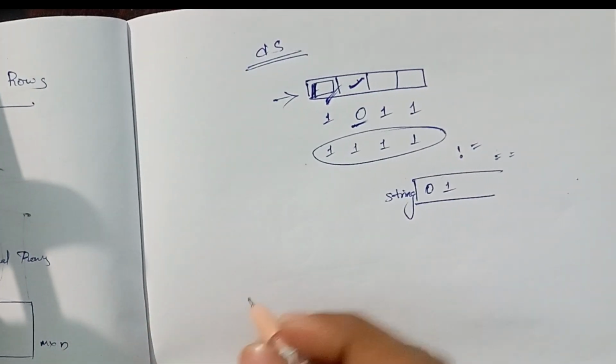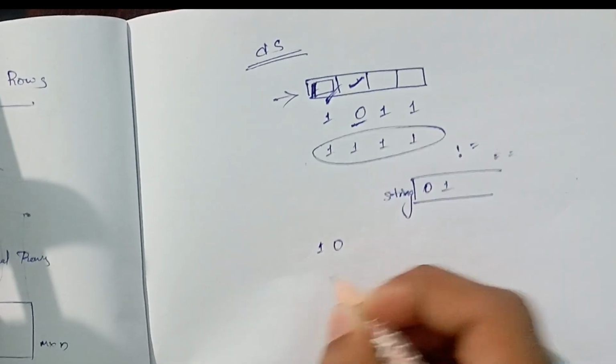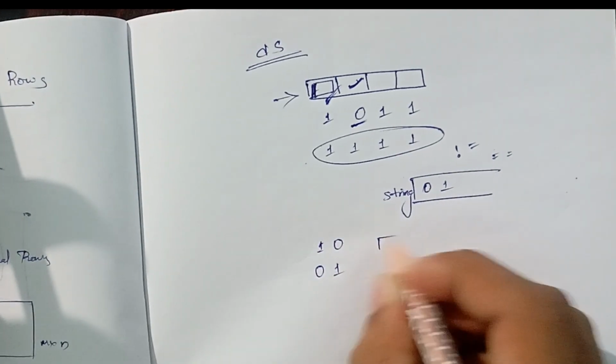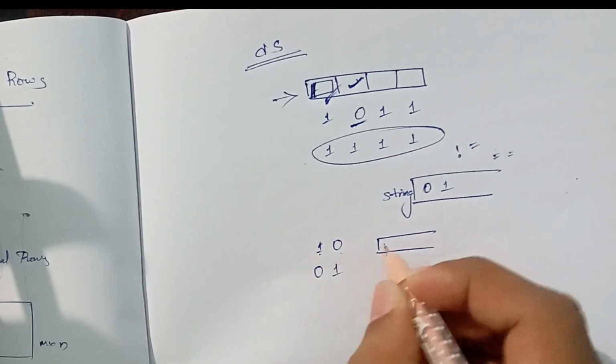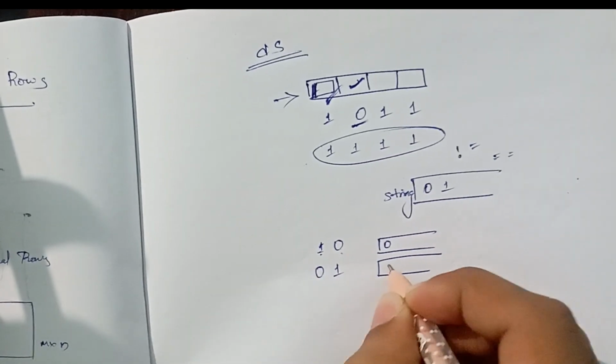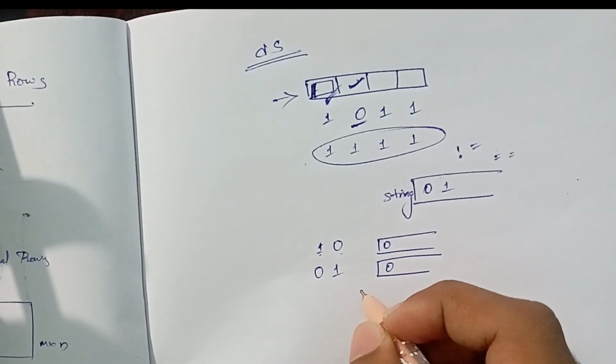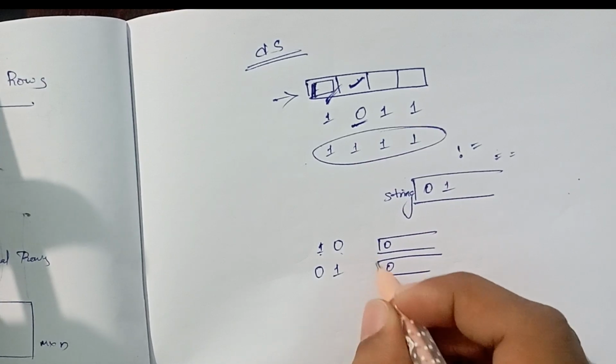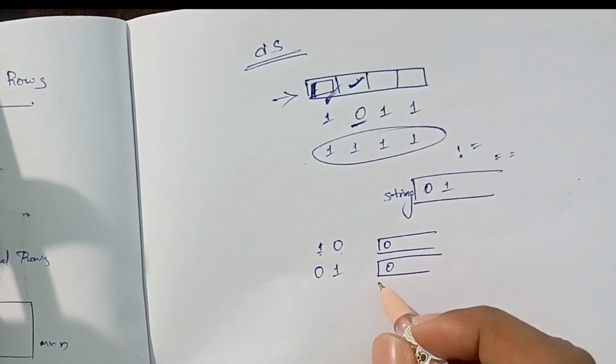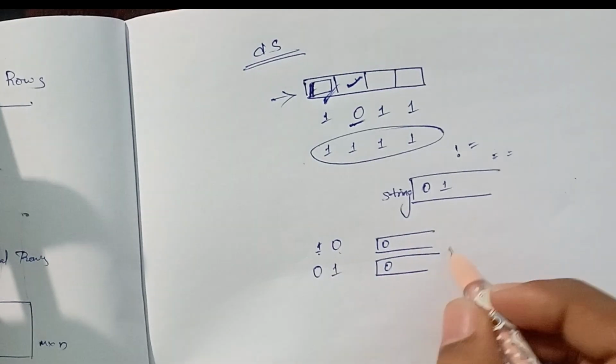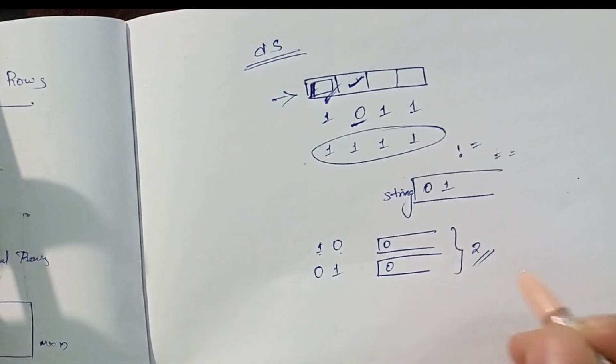Let me explain why this works. 1 0 0 1. As I told you, we need to store 0 if they both are not equal. If you have the number of equal strings, we will be getting the answer as 2.